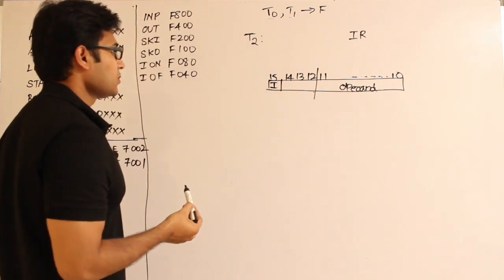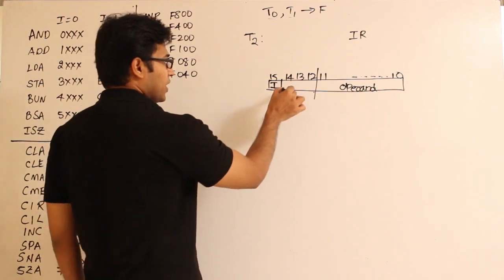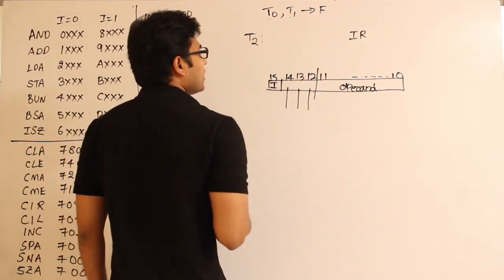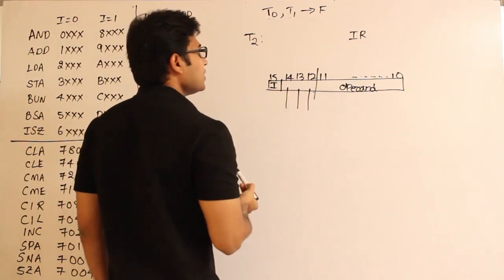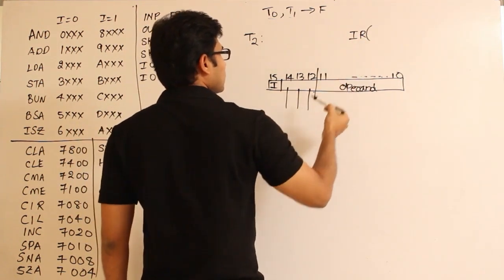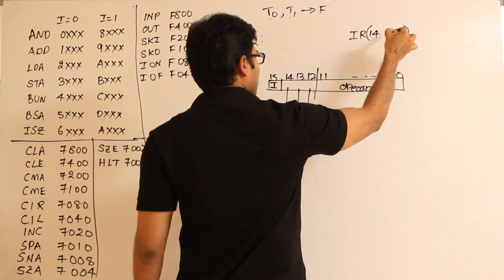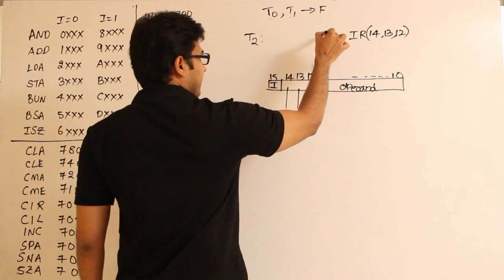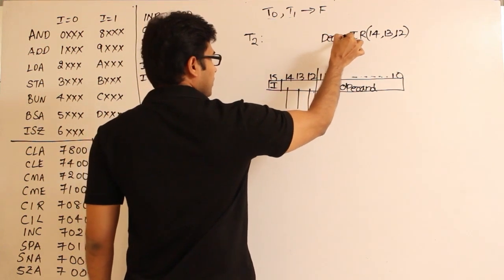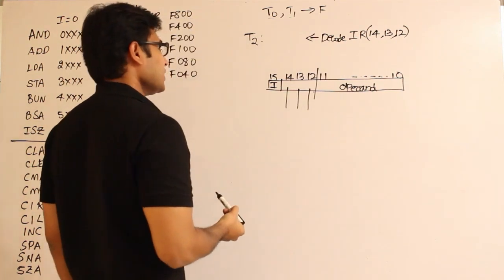Got it? So now into the decoder we have to send these 3 bits, right? Therefore, at T2 I'll be activating the decoder, and I'll send to the decoder these 3 bits, 14, 13 and 12. These 3 bits I'll send to the decoder, and decoder is going to give us output signals, right?